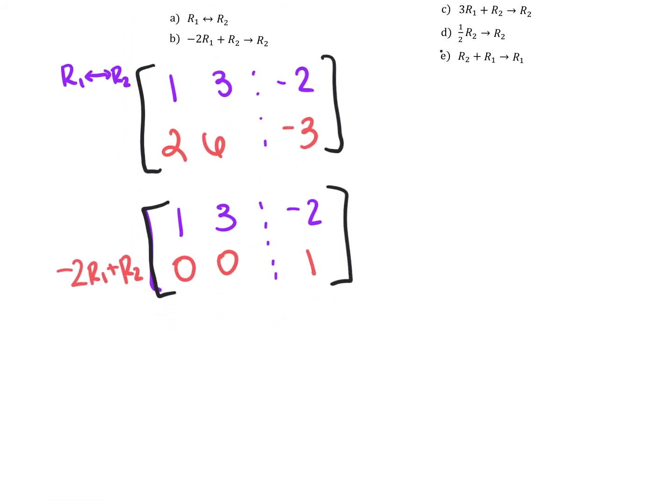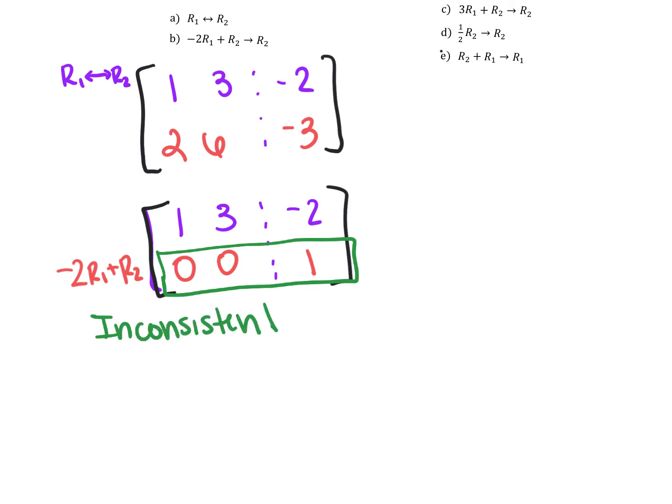Notice this, we've talked about this before. If you have a row of zeros that is equal to a number, this is what we call an inconsistent system. It is inconsistent, which means that the lines are basically parallel, and the solution here is no solution. So this one gave me a row of zeros equal to a number. I can stop there, and I get no solution.